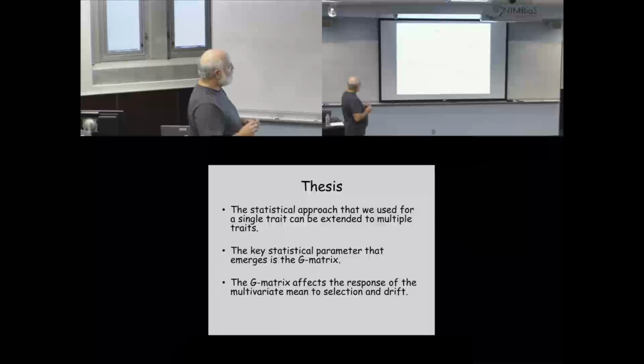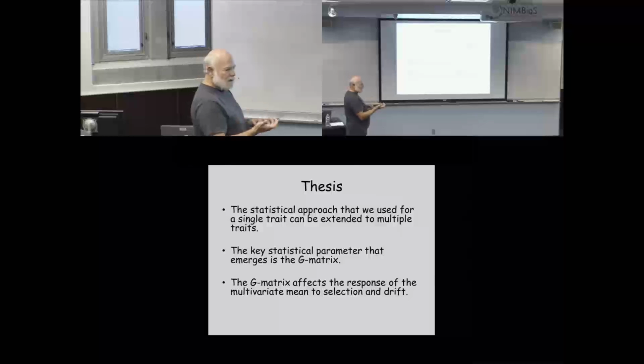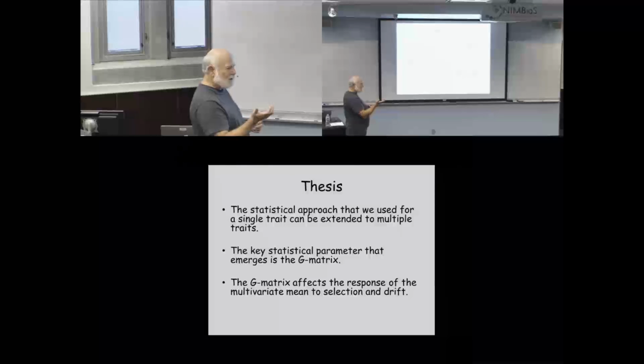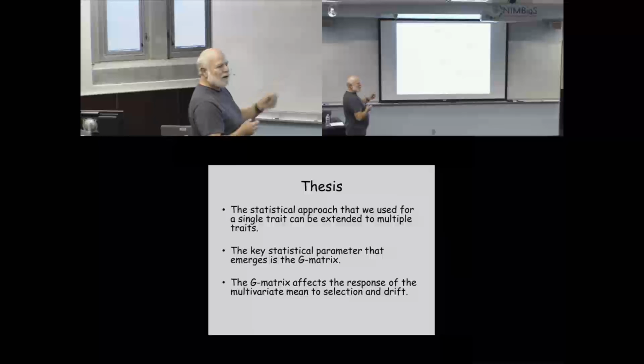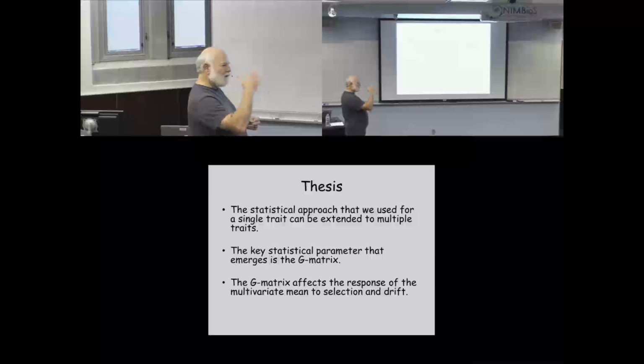And then our third statement is that just as heritability affected the response to selection on a single trait, when we look at the response to selection on multiple traits, it's going to be the G matrix that affects those responses. And so when we want to look at the change in the trait over a single generation in response either to selection or to drift, finite sampling of parents, it's going to be this G matrix that's going to be useful to us.